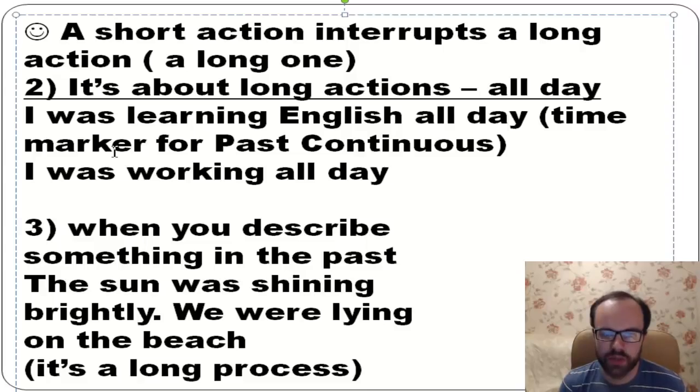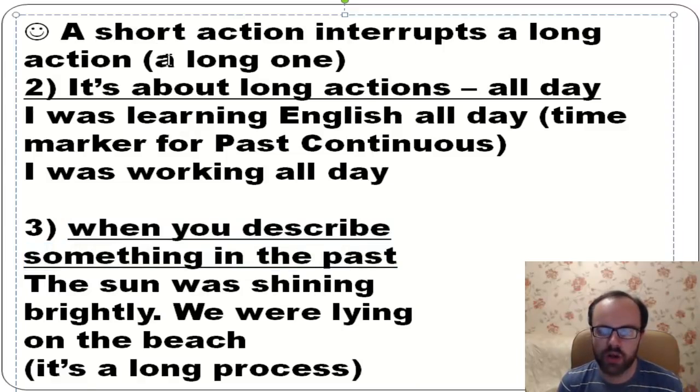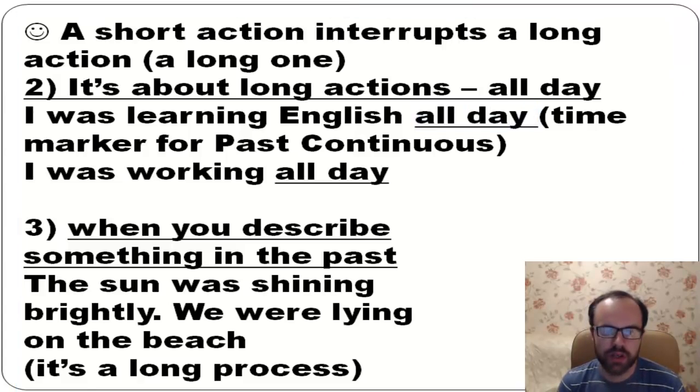Okay, so you see, when you describe something in the past, a short action interrupts a long action. All day: I was learning English all day. So all day is a time marker for past continuous. I was working all day. Good. When you describe something in the past, the sun was shining brightly. We were lying on the beach. So it's a long process. Good.